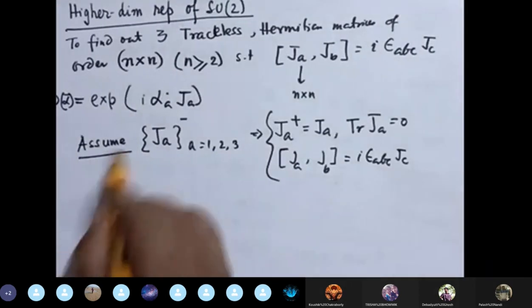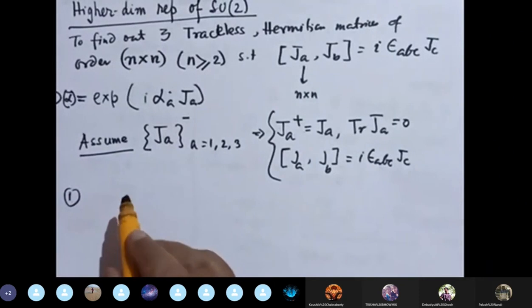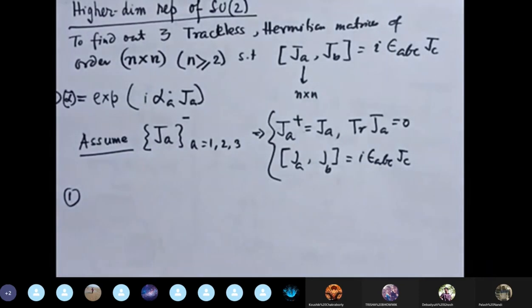Now we have assumed this. Now, first step: what I am doing here you have already done while doing angular momentum algebra, but here I will do the same thing once again.